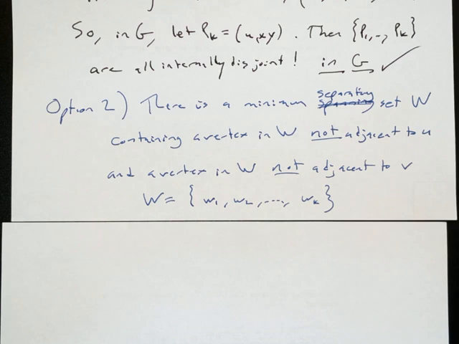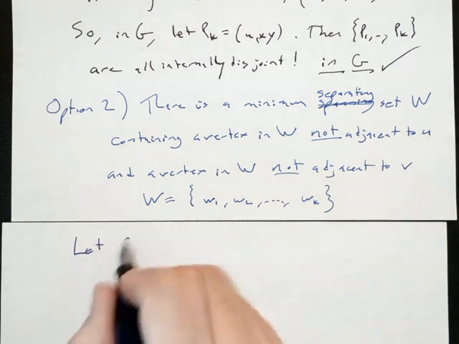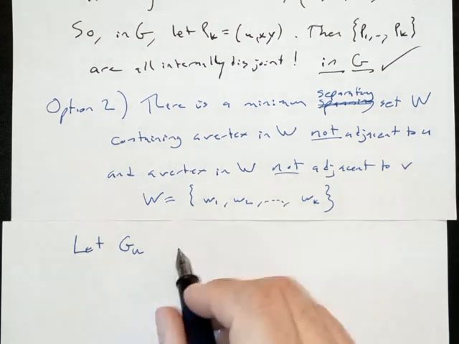So let's make an induced subgraph. I'm going to start at U, and I'm going to look at all possible U-WI paths.